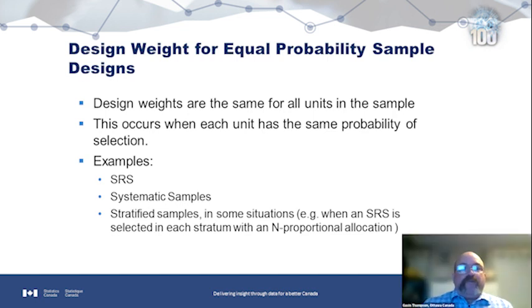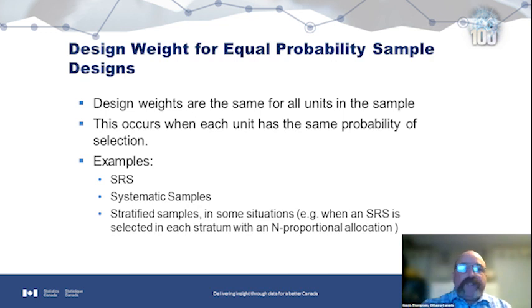If we have an equal probability sample design, a simple random sample is an example. Certain systematic samples can have this happen, and so can a stratified sample using n proportional allocation. This goes back a couple of weeks to when we talked about how to allocate sample in a stratified sample. These will all have exactly the same probability for everyone selected.